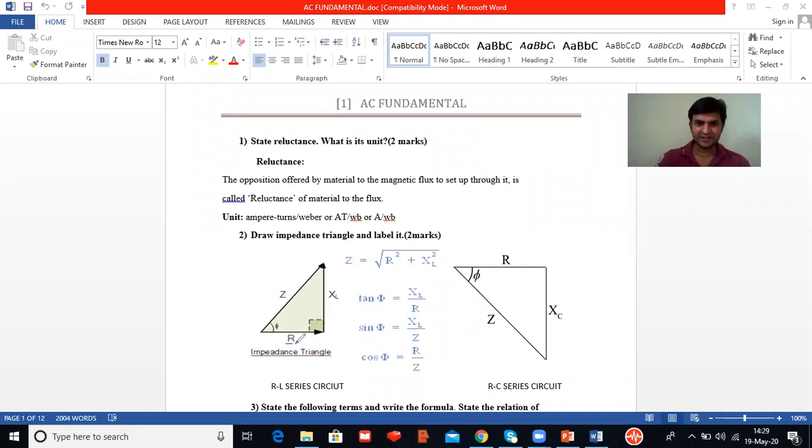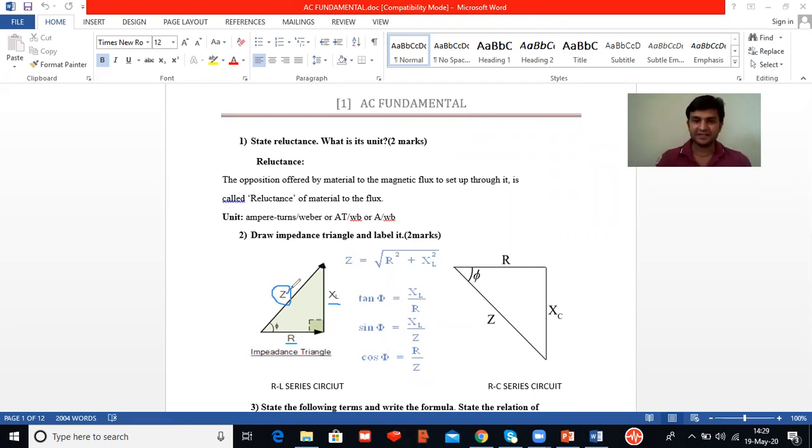The impedance triangle is defined as the triangle whose base is indicated by resistance, height is represented by inductive reactance, and hypotenuse is represented by the impedance.